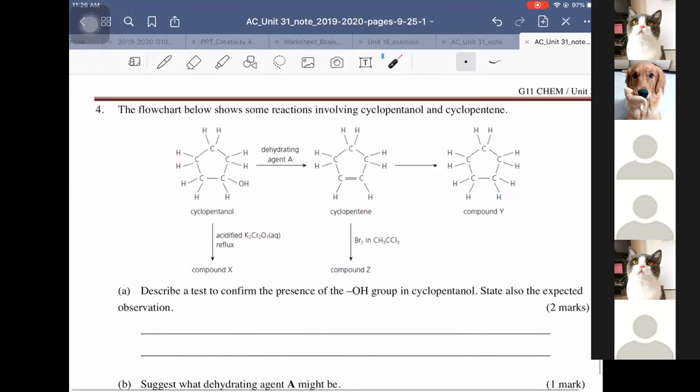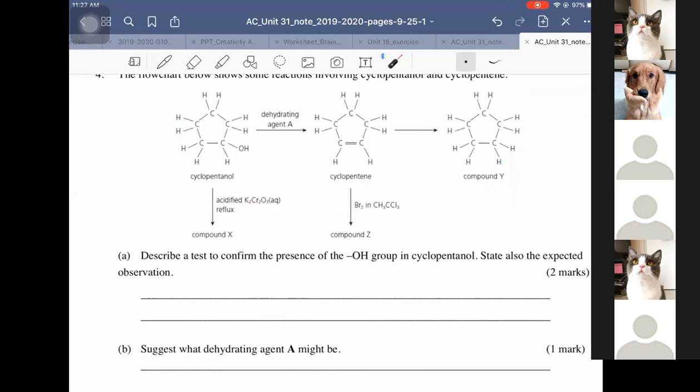Okay, so take a look at what the question is looking for. First one: describe a test to confirm the presence of the hydroxyl group in cyclopentanol. State also the expected observation. Remember we have learned the method to test for the hydroxyl group. The reaction should be easy to carry out, hopefully at room temperature, and it should have an observable change.